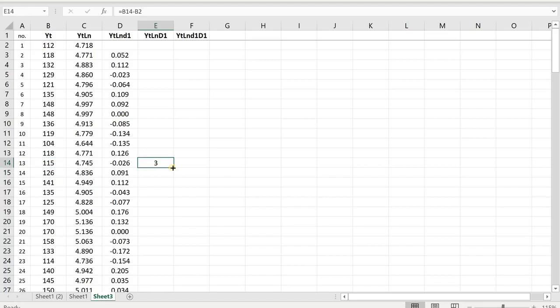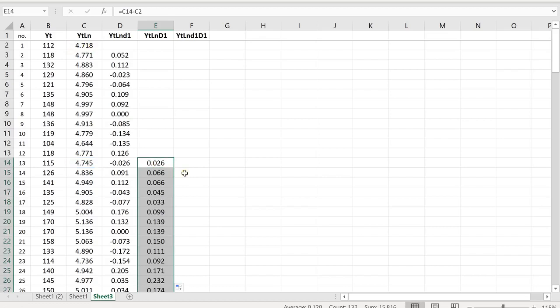Sorry, this should be log minus. So this is only the seasonal lag. And then if we difference at non-seasonal and seasonal, this is the data.